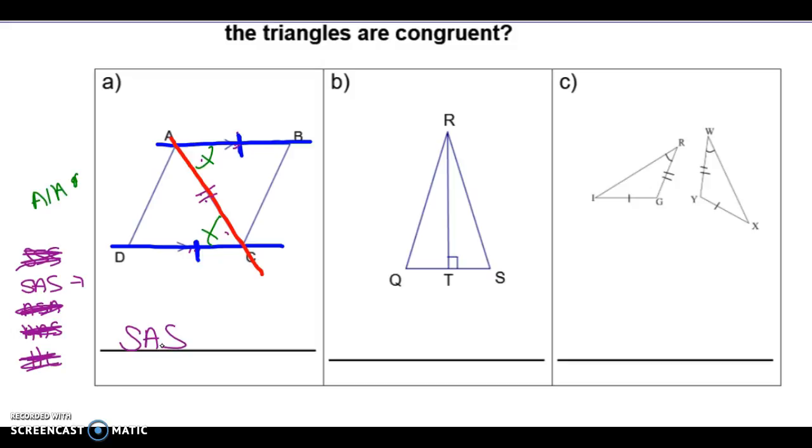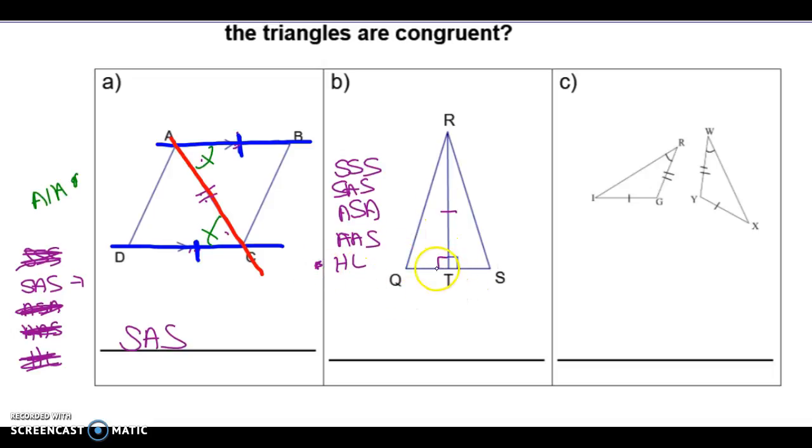Next, let's look at this one. In this picture, I know this is a right angle. I know this is a right angle. And I know this is congruent to itself. So when I look at my congruence theorems, side, angle, side, angle, angle, side, hypotenuse leg. Well, this is a right triangle, so I could maybe use this.